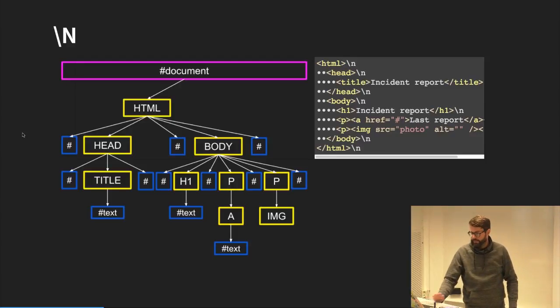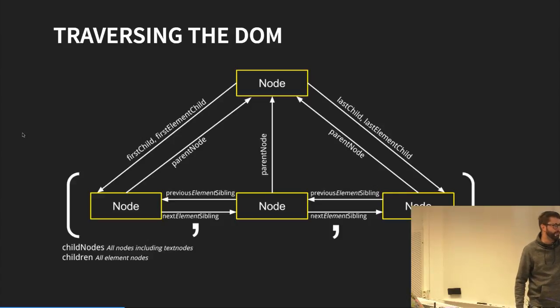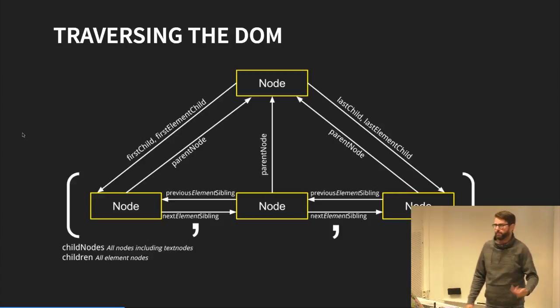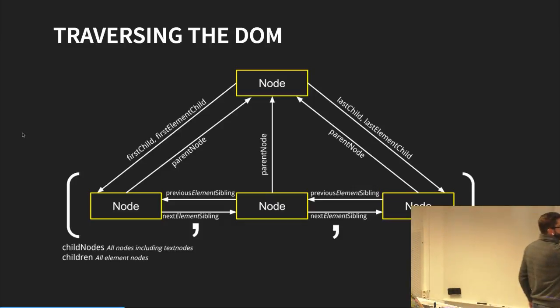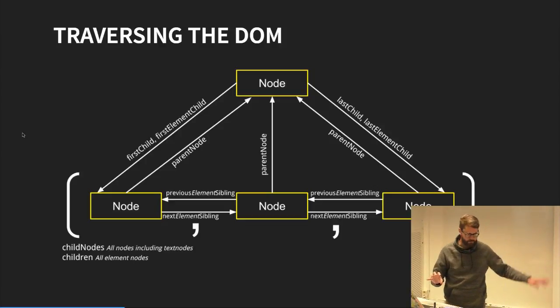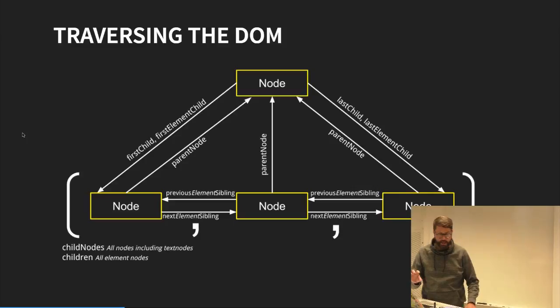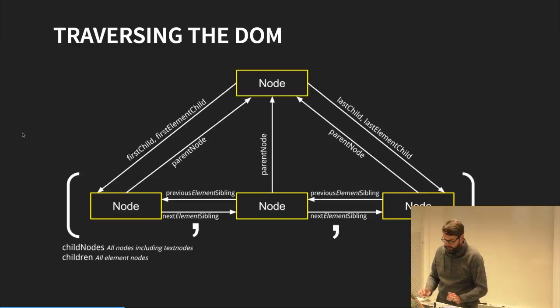So in the newer implementation of the DOM, we have something called first element child. And this one is probably the one you will need the most, because you are often interested in elements. So if you call first element child, you will get the P element, or what it was in the last slide. But if you call first child, you will only get the text element.